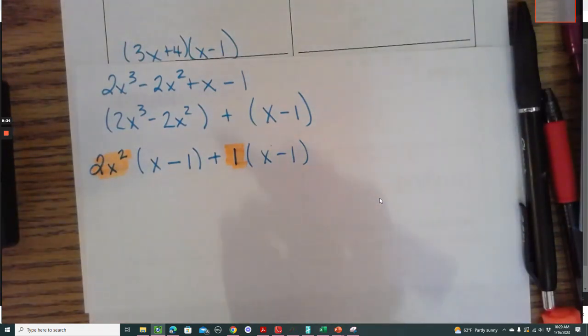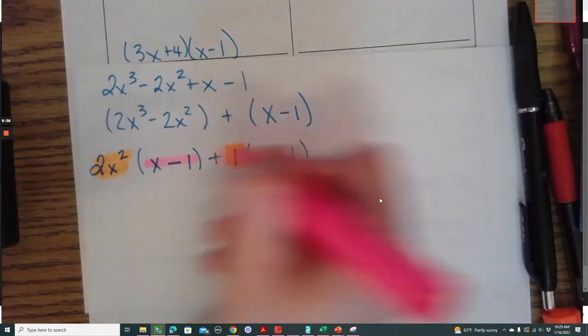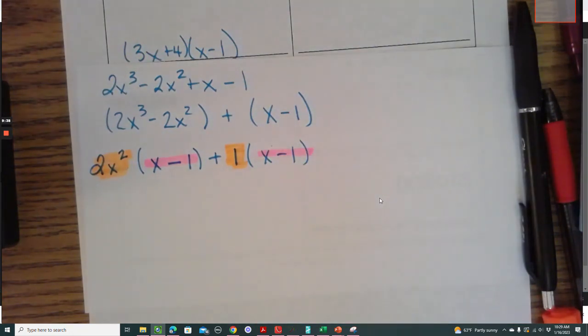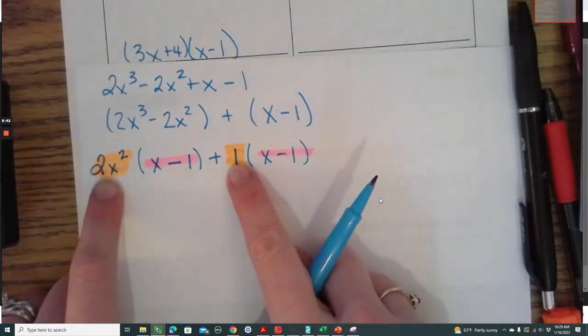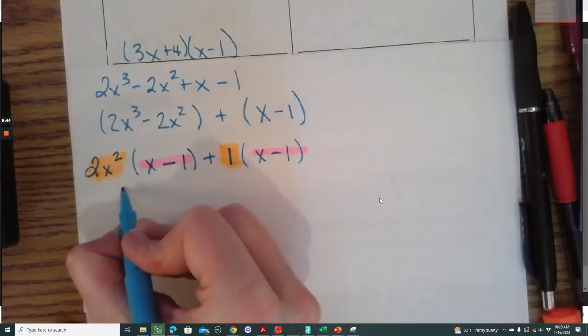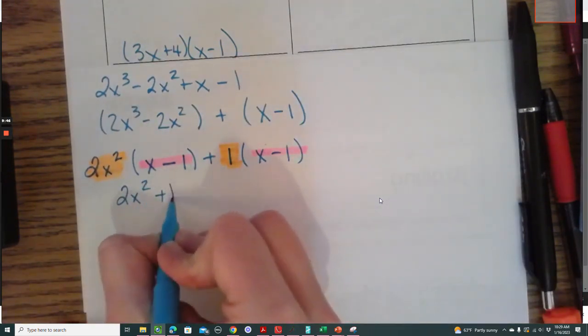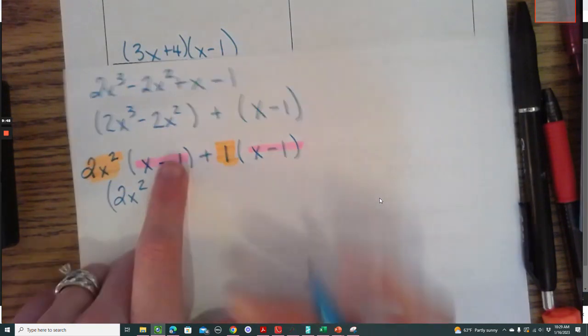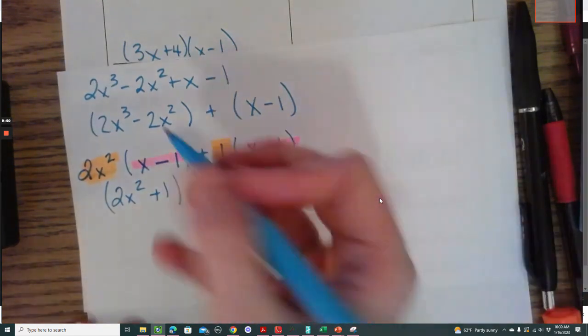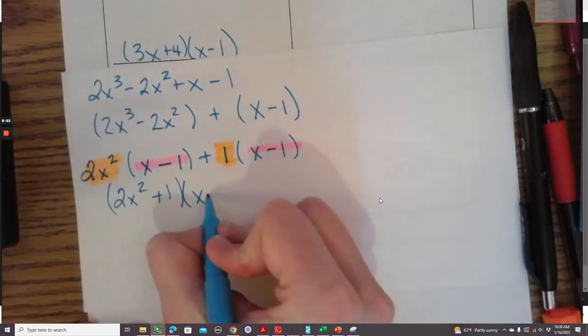And then, since this and this is the same, those are my factors. So here's my factors. This and this smushed together now: 2x squared plus 1. And then since this repeats, x minus 1.